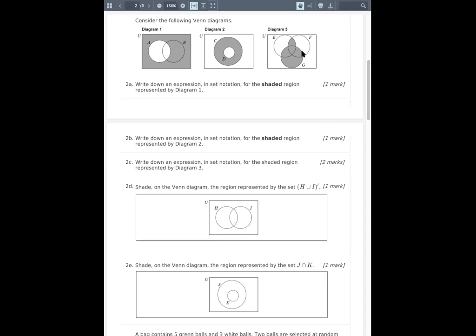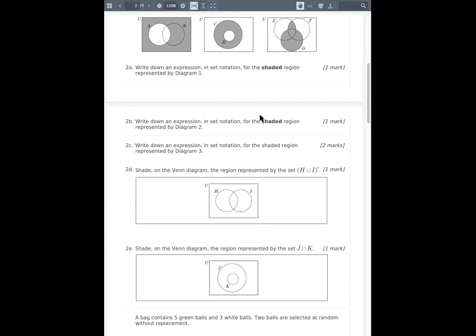If you're not looking at the G circle, you can see that the middle is shaded, which means intersection. And it's union G because all of G is shaded. So the final answer would be parentheses E intersection F close parentheses union G. I'm not able to write down the answers, but the answers are on the mark scheme posted. If you can't access that, text me and I'll send it to you.